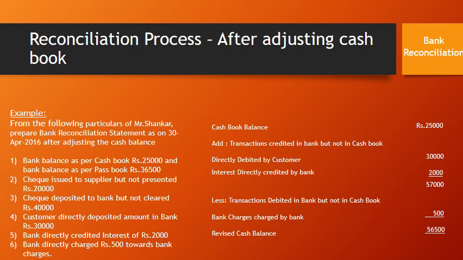But in actual businesses, in regular business operation, what we do is first we record all the adjustments, and then we do a bank reconciliation statement. What adjustments do we make? If any transaction is recorded only in the bank statement, we record it in the bank book. If there are any errors in the bank book, we rectify them.